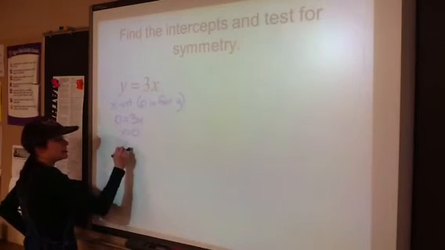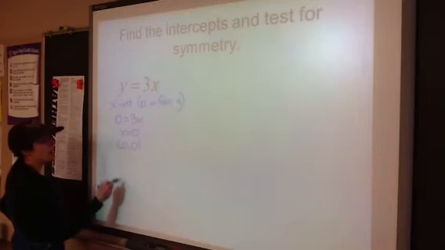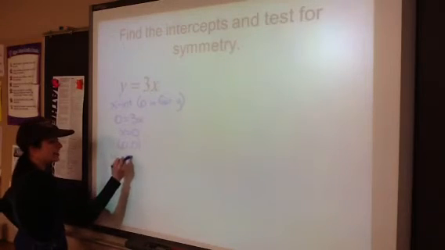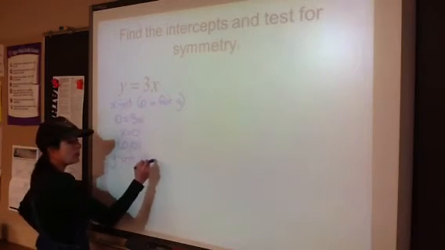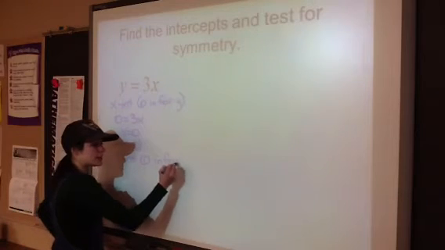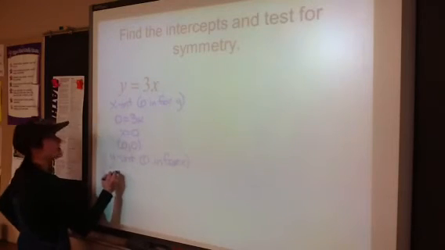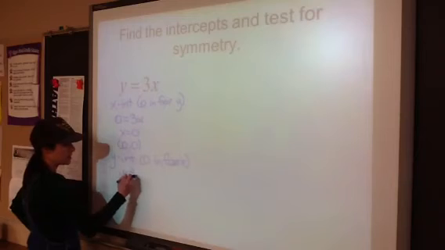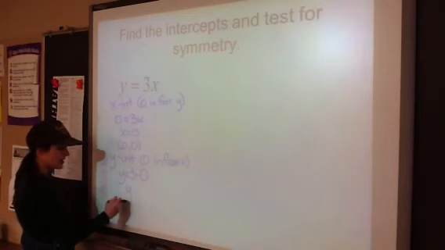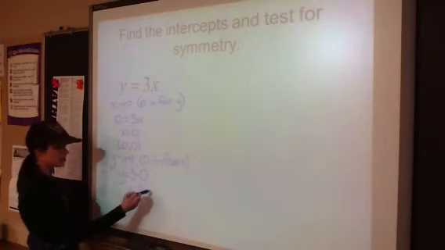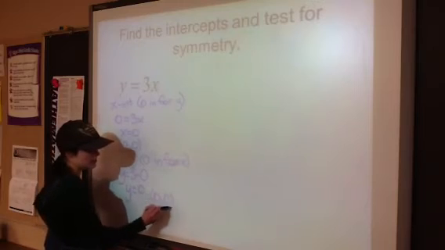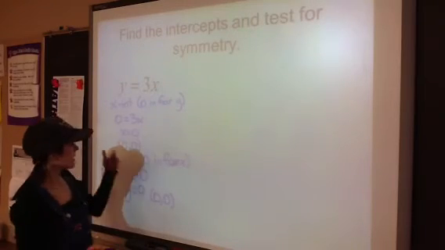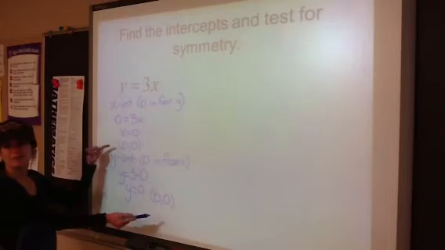So your x-intercept is 0, 0. For your y-intercept, you put in 0 for x. So if we put 0 in for x, we have y equals 3 times 0. So you get 0. So your ordered pair is 0, 0. Yay, go you. Notice the same value.